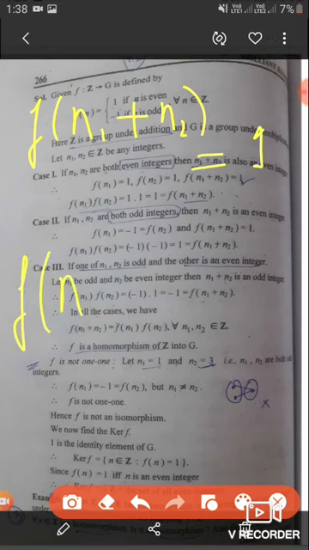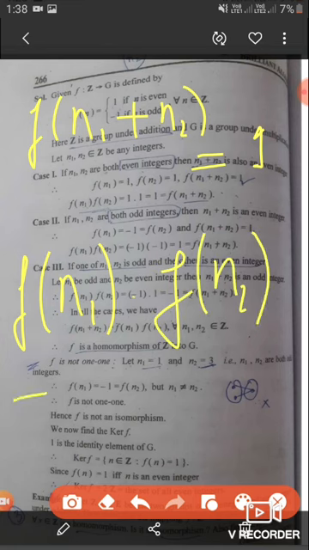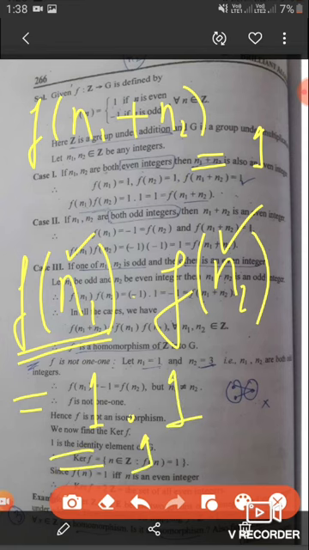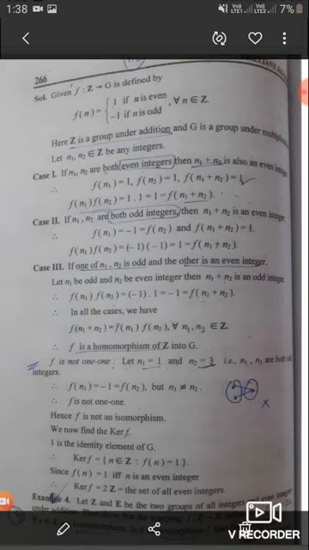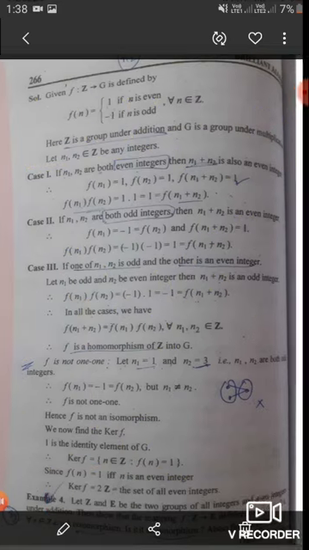Let us find out what f of n1 into f of n2 is. The image of this even number is 1, and this even number's image is also equal to 1. So what we get is 1, and f of n1 plus n2 is also equal to 1. Fine, so both are equal. When these are equal, we can say that f is a homomorphism. Fine, this was about this case.